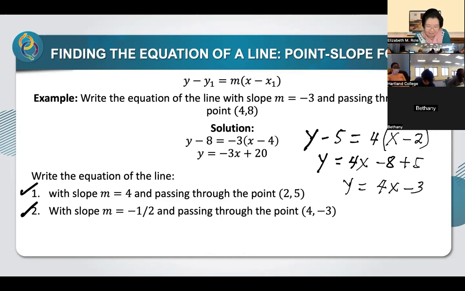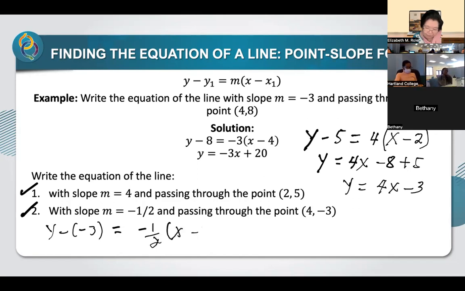Yes. All right. So just to put it in perspective here, you say y minus minus 3 is equal to minus 1/2 times x minus 4. Okay. So you get y plus 3 equals minus 1/2 x plus 2.